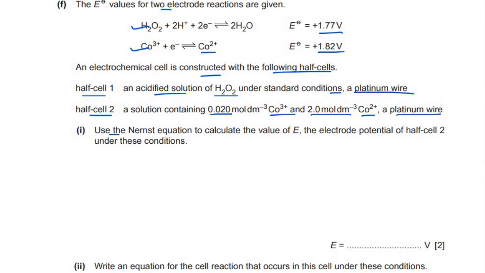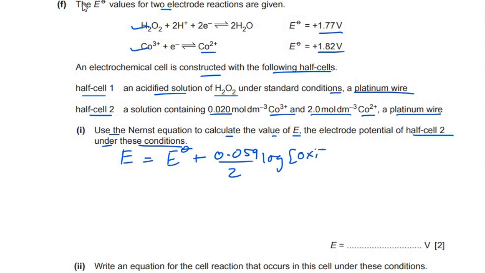Use the Nernst equation to calculate the value of E, that is electrode value of half cell 2 under these conditions. According to the Nernst equation, the new electrode potential value will be E naught plus 0.059 upon Z into the log of the concentration of oxidized species upon the reduced species.